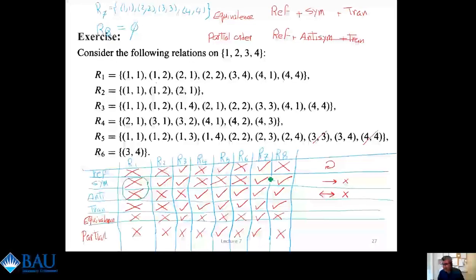R7 and R8, both of them at the same time are symmetric and also antisymmetric. Can you see? So it's not true. So let us continue.